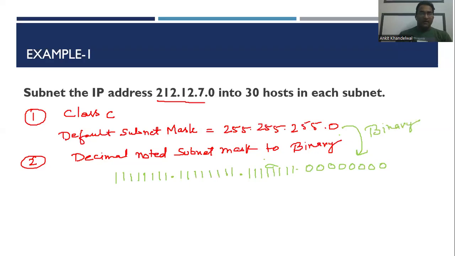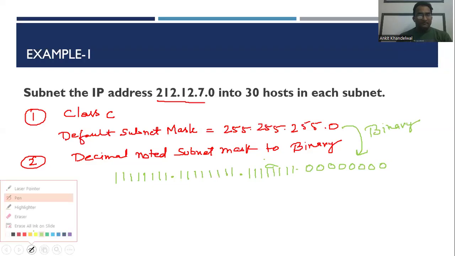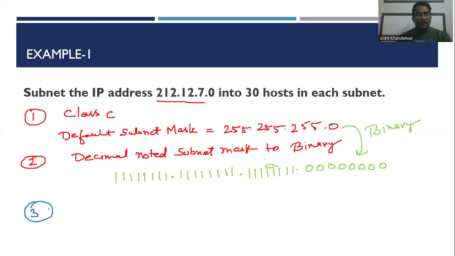Now after doing these two steps, the third step is, we have to note down the number of hosts required per network. Okay. So per network, how many hosts do we require? That is 30 hosts. So we will convert this decimal number 30 into binary bits.